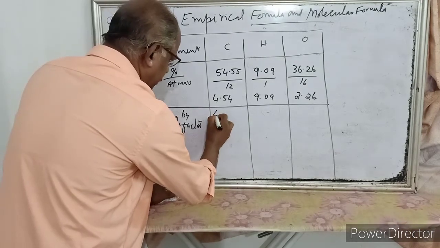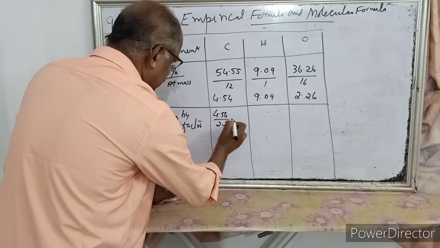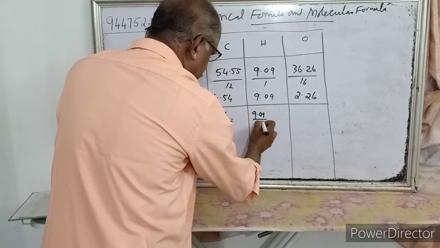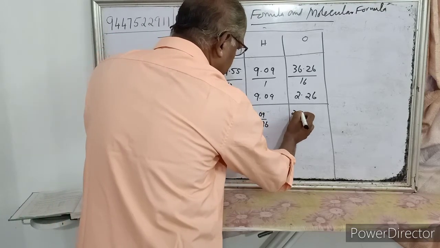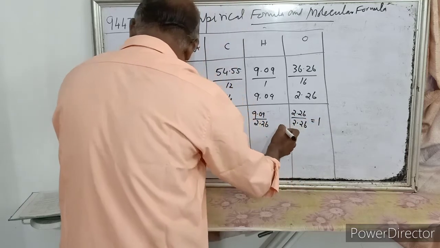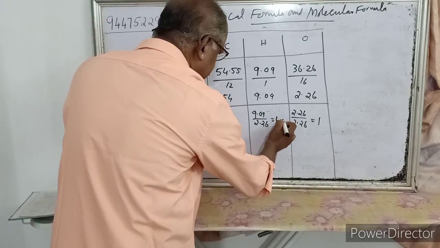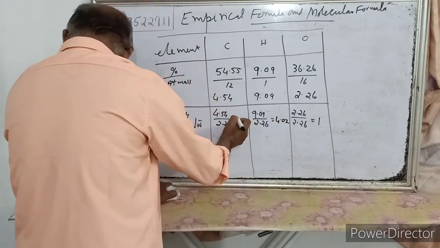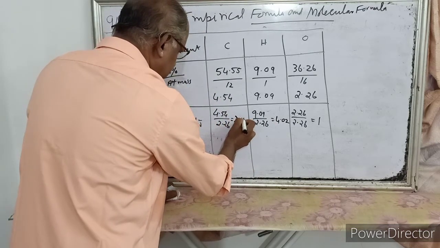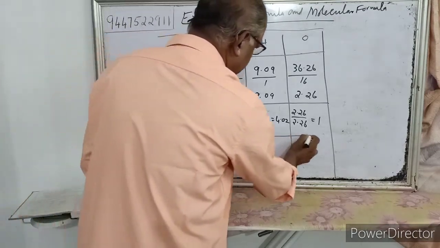That is 4.54 divided by 2.26, 9.09 divided by 2.26, and 2.26 divided by 2.26. So this is 2, this is 4.02 and here it is 1.00. That is by dividing with the smallest factor.